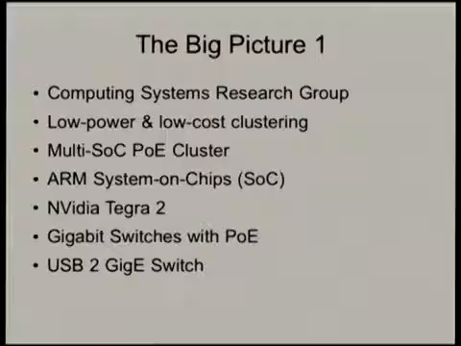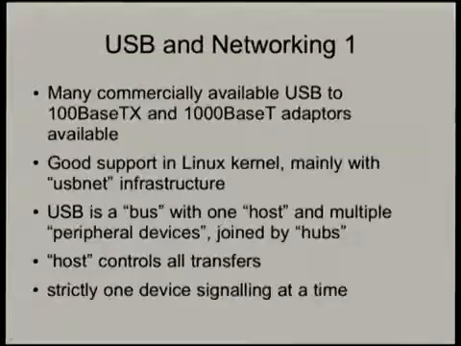And so that takes us to the USB 2 GigE switch, of which the thing I'm talking about today is a part. So first I want to talk very quickly about USB and networking.